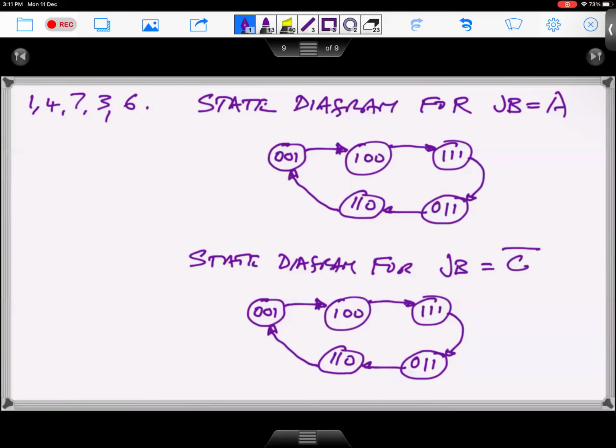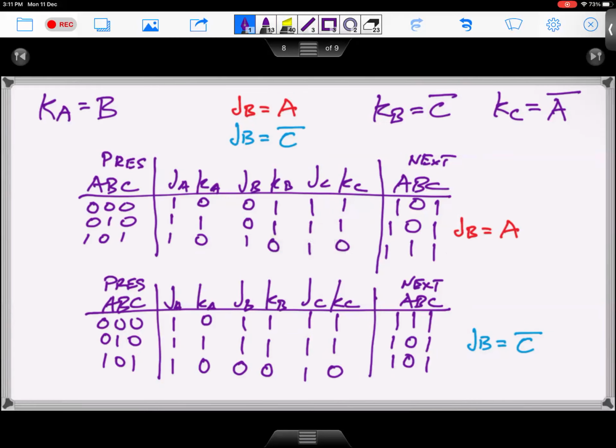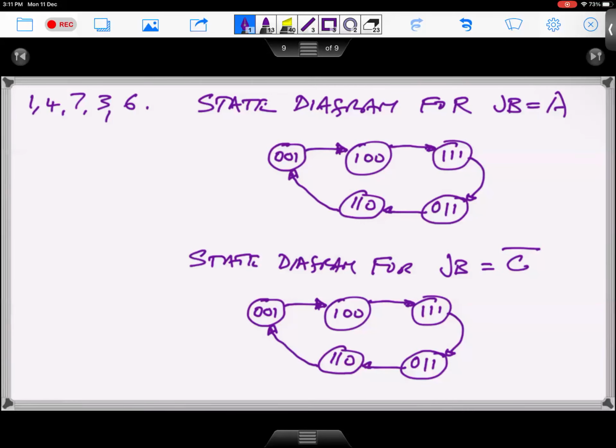So let's see now. When JB is equal to A, we have 0 and 2 going to 5 and 5 going back to 7. Right? 0 and 2 going to 5. Sorry, 5 going back to 7.